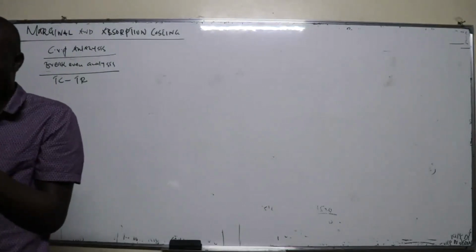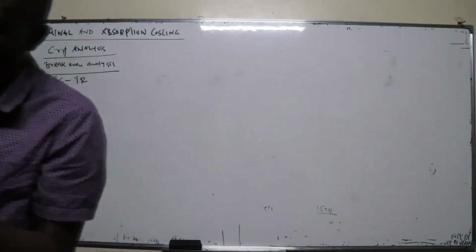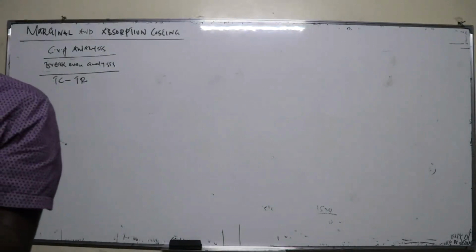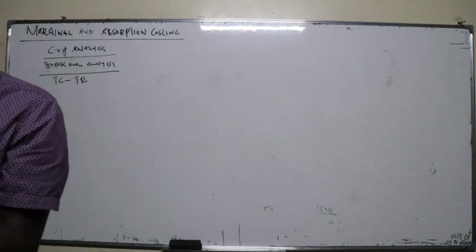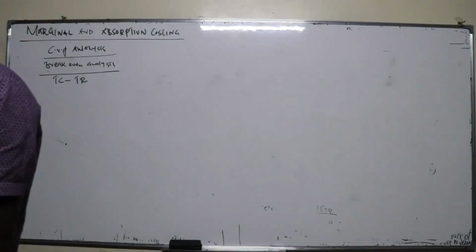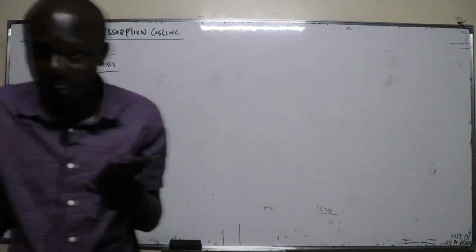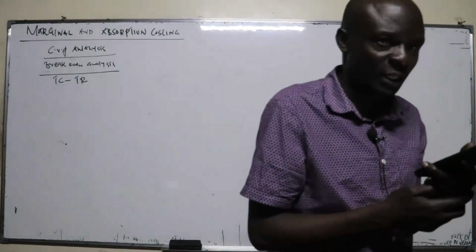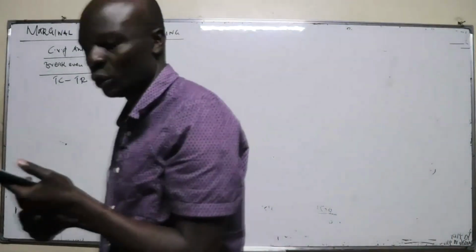So for the limitations of CVP analysis, you just explain those assumptions. For example, they assume that all units produced are sold, but it is not practical. In reality, you can't sell all the units that you produce.